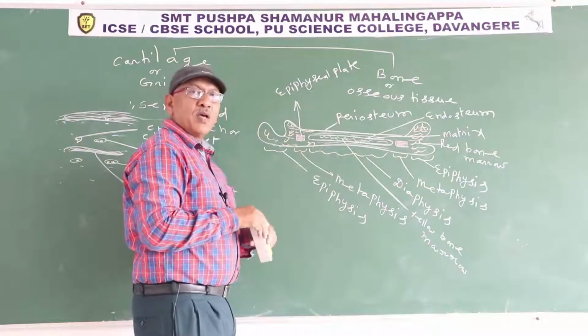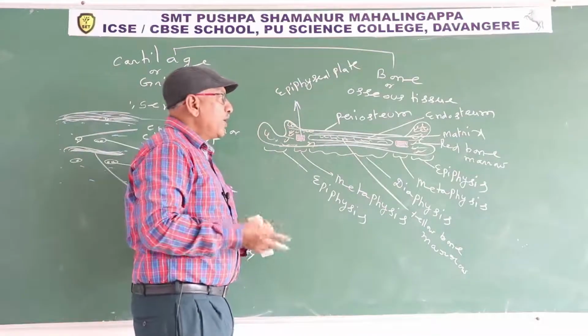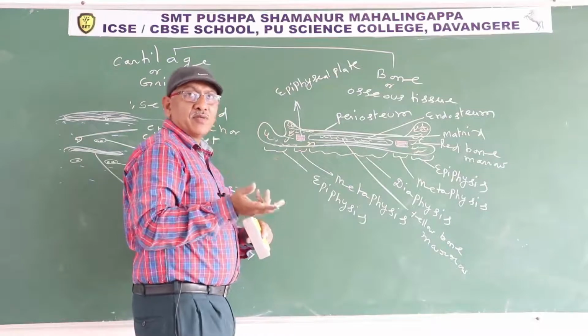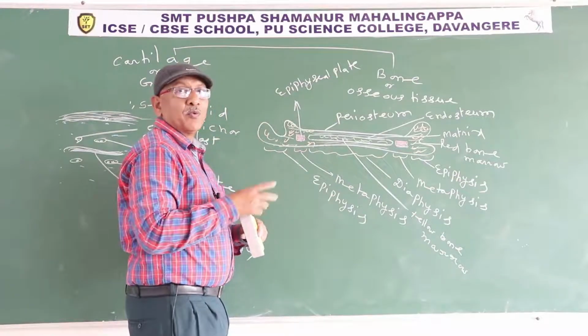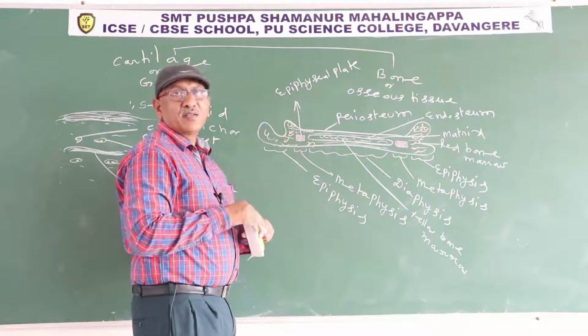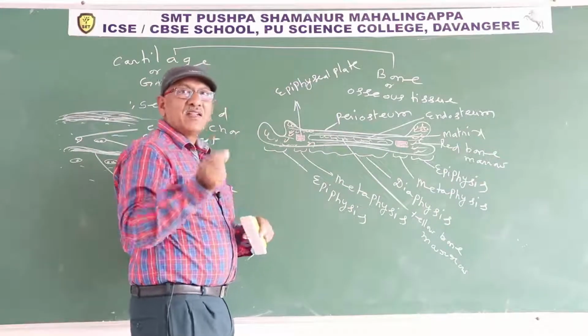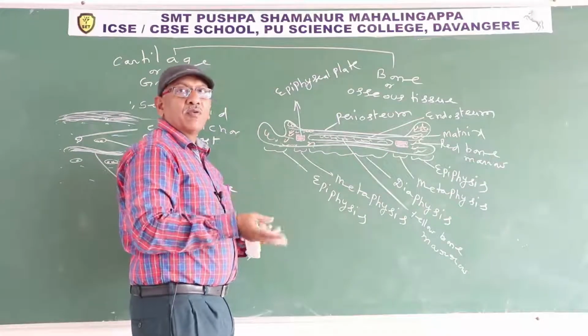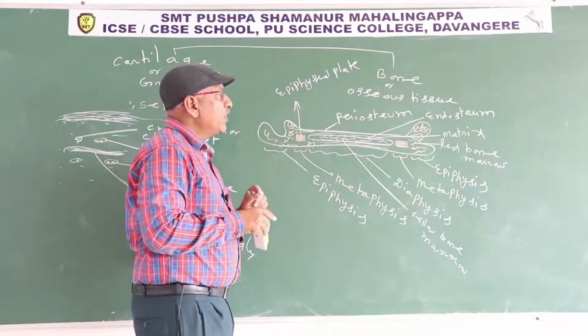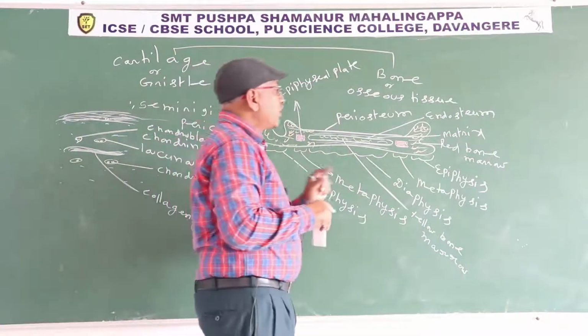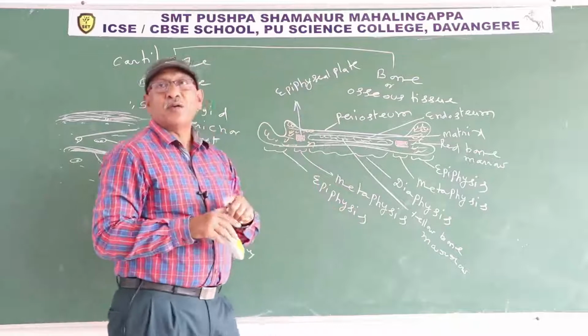Function of red bone marrow: red bone marrow contains several types of blood cells. They produce daughter cells. So stem cells, ancestral cells, produce several types of daughter cells. Stem cells are present in the red bone marrow.